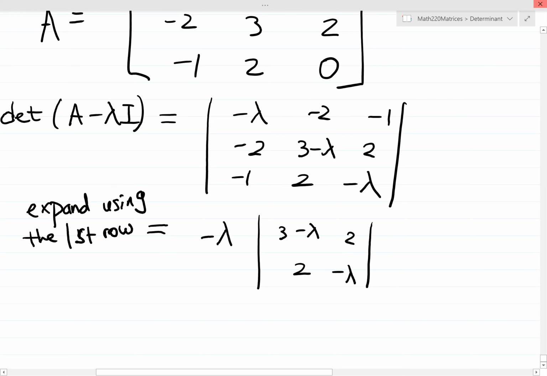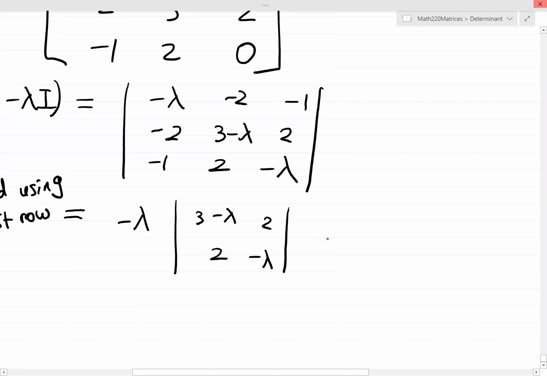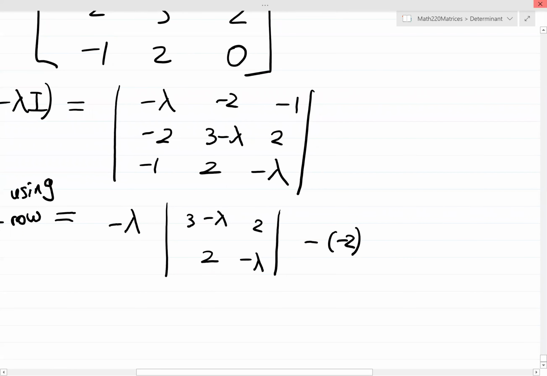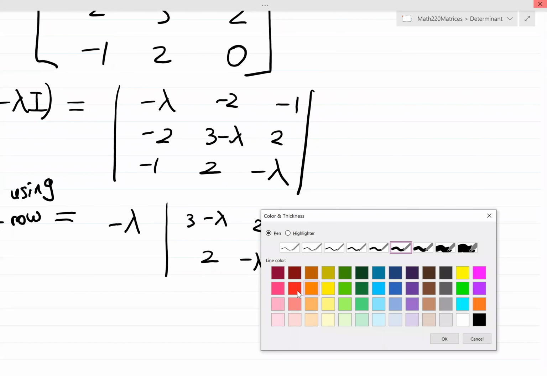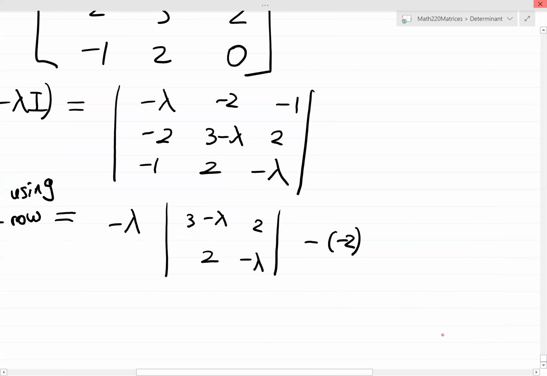For the second entry, we get a minus times -2, and then we delete the row and the column that has this entry -2. Let me color this in red. We delete the first row and the second column. What is remaining is -2, negative lambda, 2, -1.